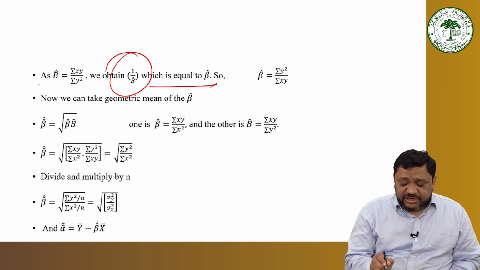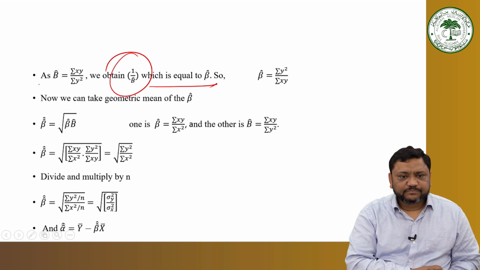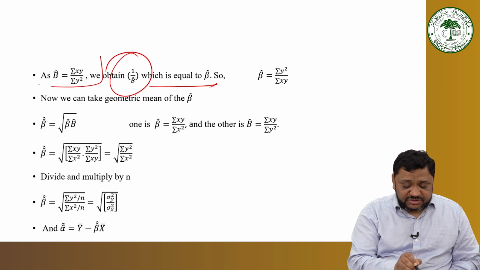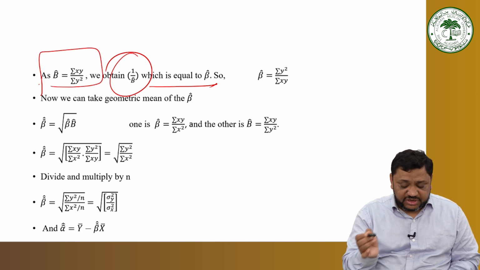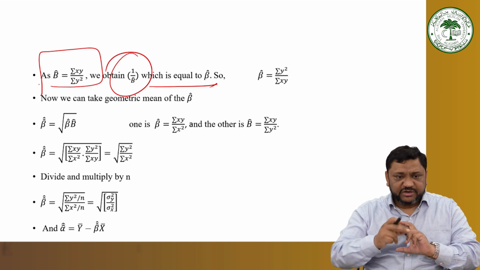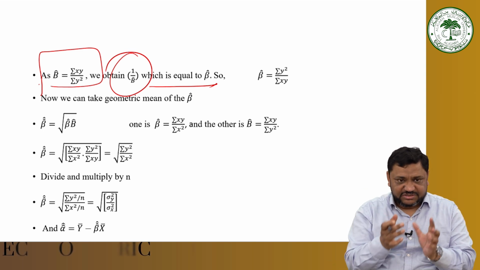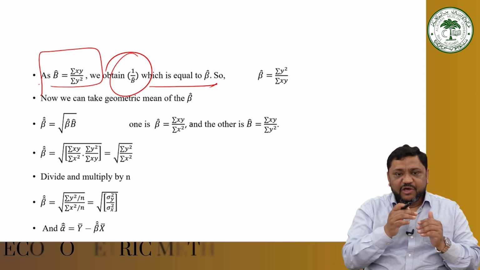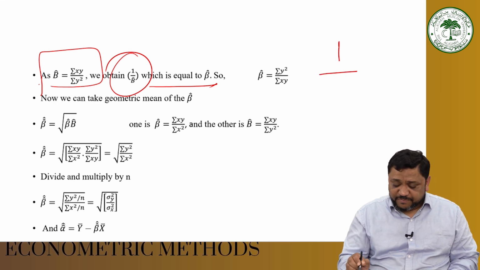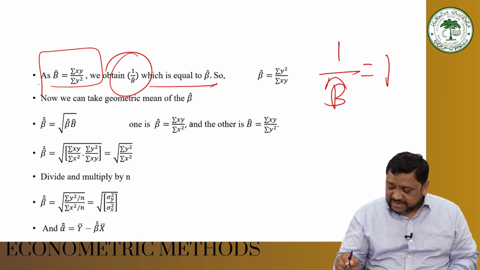Now we take the geometric mean. One of them is b hat equal to summation small xy divided by summation y square. We change it, we again invert it. This is the result of the inverted case. We again change it, 1 by b hat, and we know 1 by b hat is equal to beta hat.